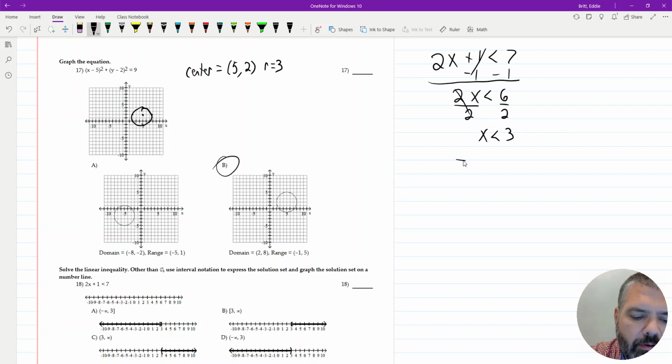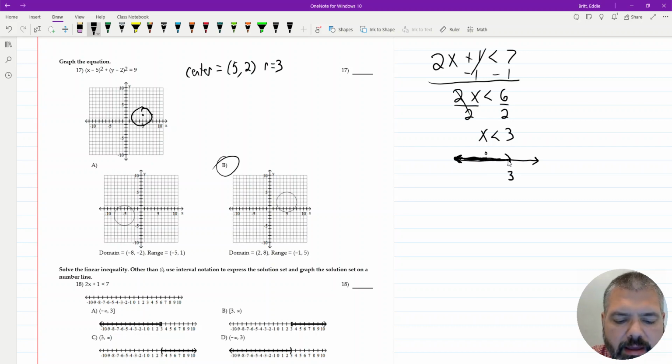All right, so if I had a number line, I'll draw a little number line here. Somewhere I'd have a 0. I'm just going to put a 0 right there. Well, we know that 3 is to the right of 0. So this is x is less than 3. Less than means go to the left. So we would put a parentheses and go to the left, because less than means left.